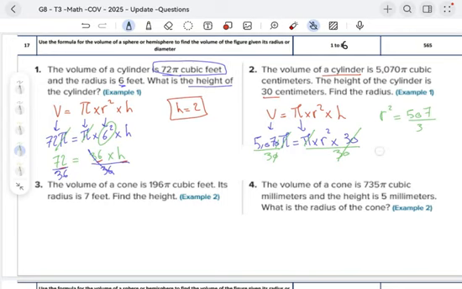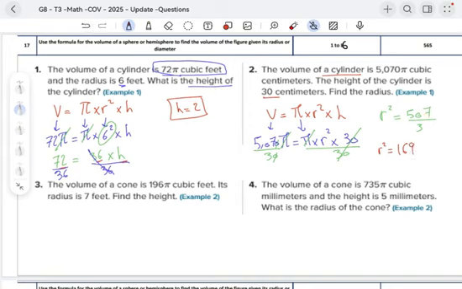Okay, so 5 divided by 3 is 1, and the remainder is 2. Now 20 divided by 3 is 6, and the remainder is 2. Now 27 divided by 3 is 9.